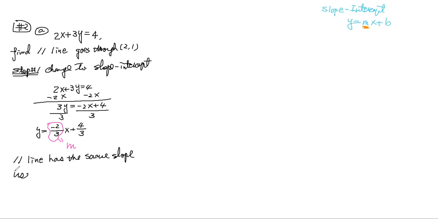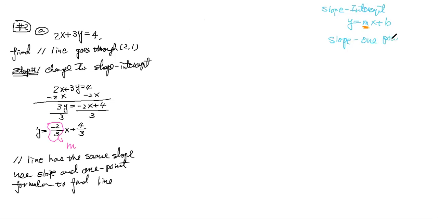Now I can use the slope and the 1 point formula to find the line. Let's review the slope and 1 point form: y minus y1 is equal to m times x minus x1.